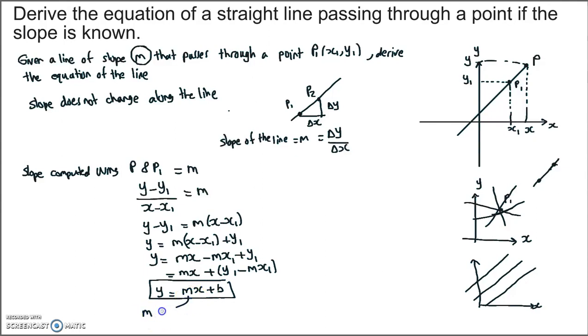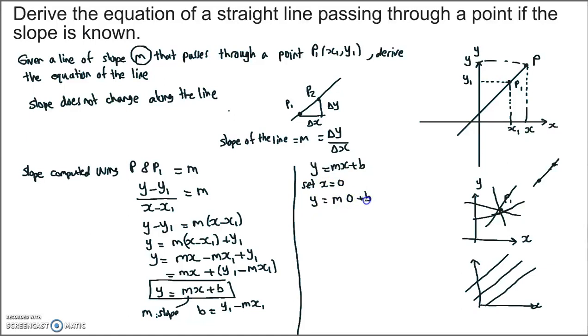m is the slope. b equals y1 minus mx1, but what does that represent on the line? So our equation is y equals mx plus b. If you set x equal to 0, then y equals m times 0 plus b, which means y equals b. x equals 0, so if this is our origin, 0 and 0, x equals 0 refers to the y-axis.